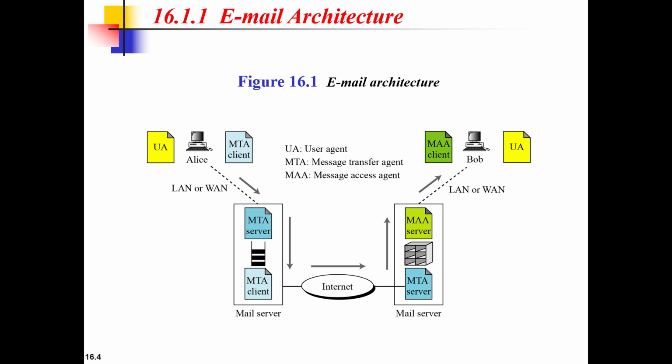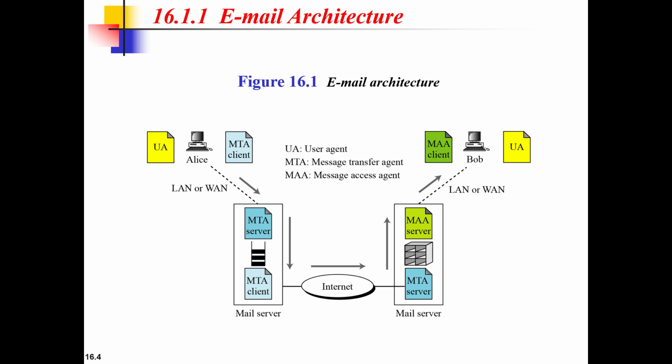Assume that Alice is working in an organization that runs an email server, and every employee is connected to the email server through a LAN. Next, Alice could be connected to the email server of an ISP through a WAN also. Next, Bob is also in one of the above two situations.